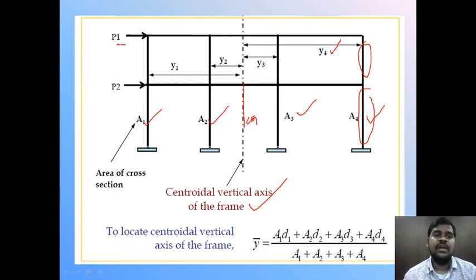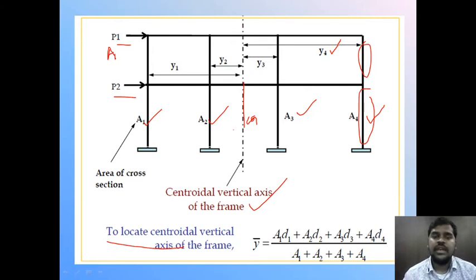These are the horizontal forces P1 and P2. Due to this, P1 and P2 can be considered as axial force. So due to this axial force, there is an axial stress developed. First we have to locate the centroidal vertical axis. So where is the center of gravity acting for this particular frame?